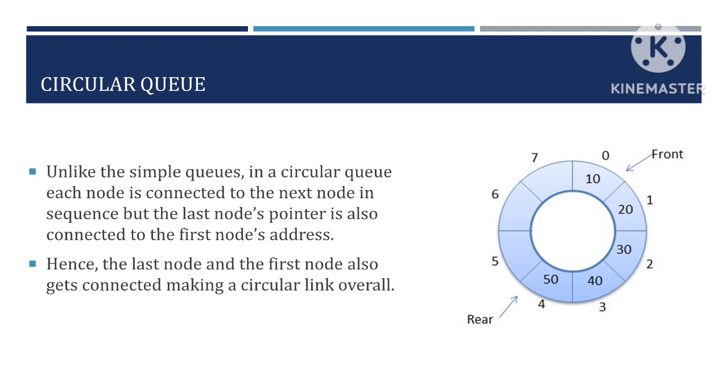Hence, the last node and the first node also get connected, making a circular queue, as you see in the diagram. Here also insertion is done from the rear end and deletion is done from the front end. And to keep track of the number of items present at a particular time, we use another variable called count, so that at any particular time we can say how many items are there in the circular queue.